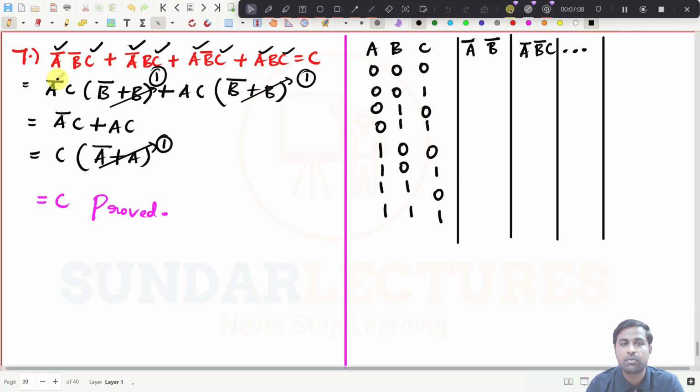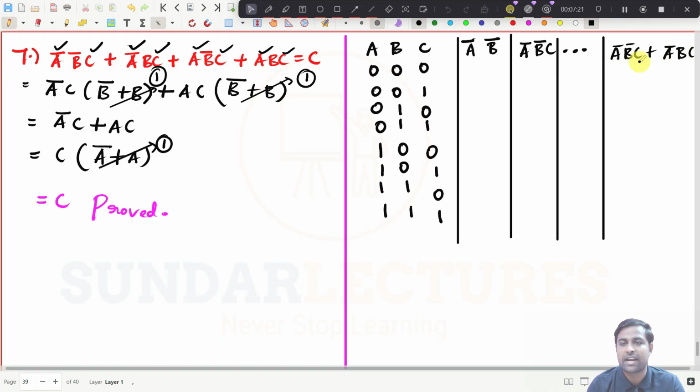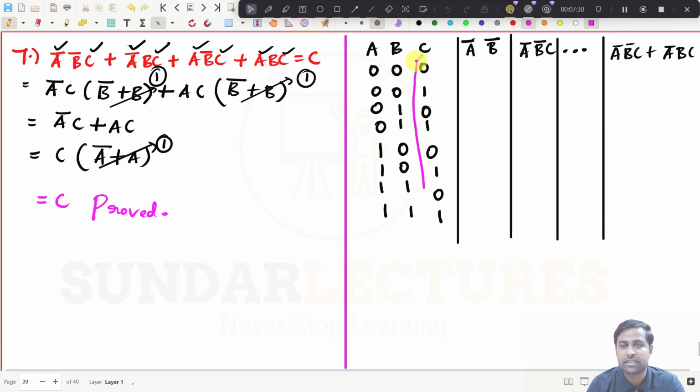And finally, you add all these terms, like a bar, b bar, c plus this term, a bar, b, c, everything. You just add all the terms, and then you write the expression. Whatever you are writing as this answer, it will be c.